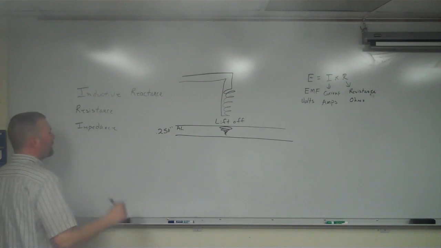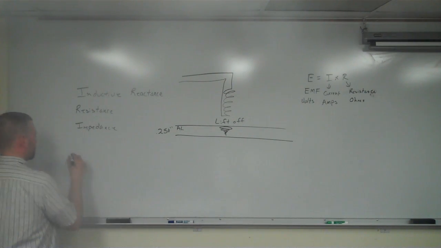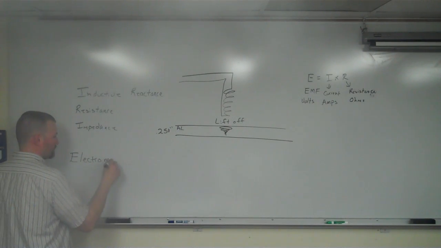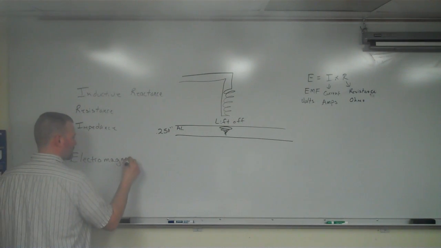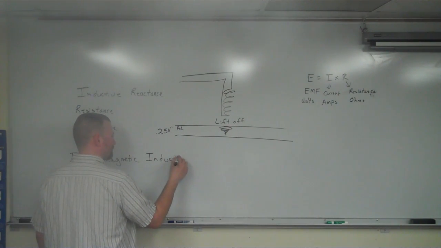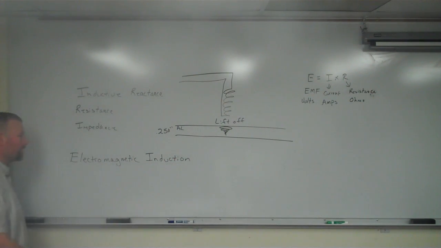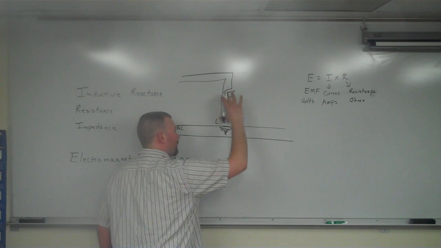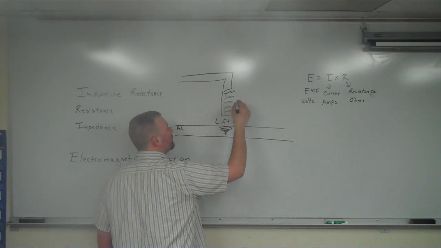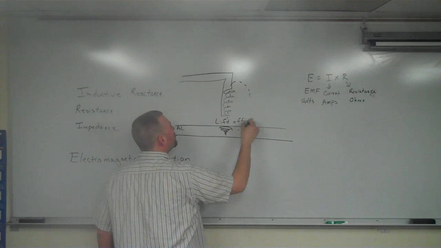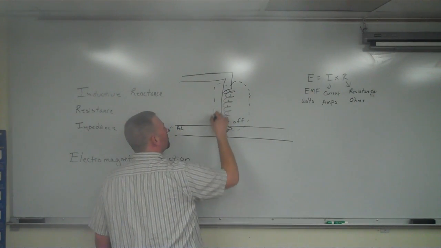Okay, we do that by the process of, which you've already been reading about, electromagnetic induction here. That's going to tell us this. If we're flowing current through here, by the overall makeup of this coil, we're going to have a fairly large magnetic field outside of that coil.